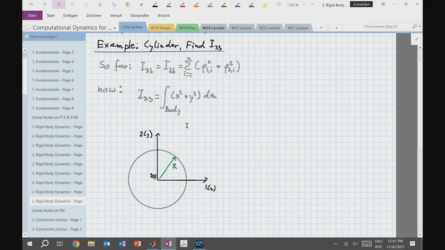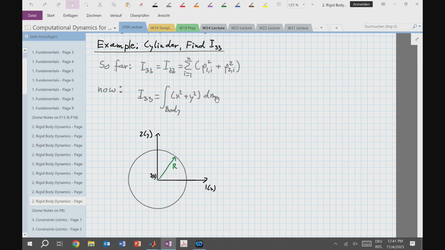And the issue here is that the body is defined geometrically, right? I said it's a cylinder, and this is a mass property. So I somehow have to bring mass properties and geometry together, which normally only works under certain assumptions.